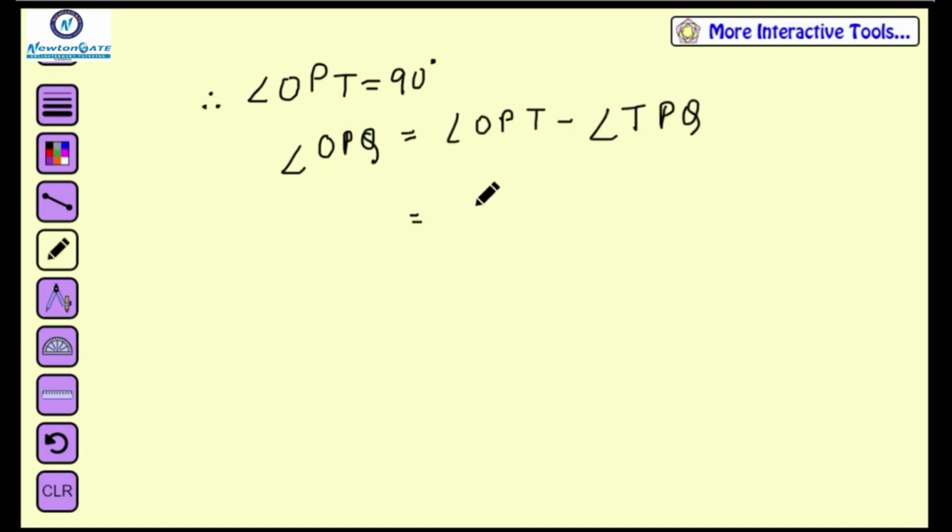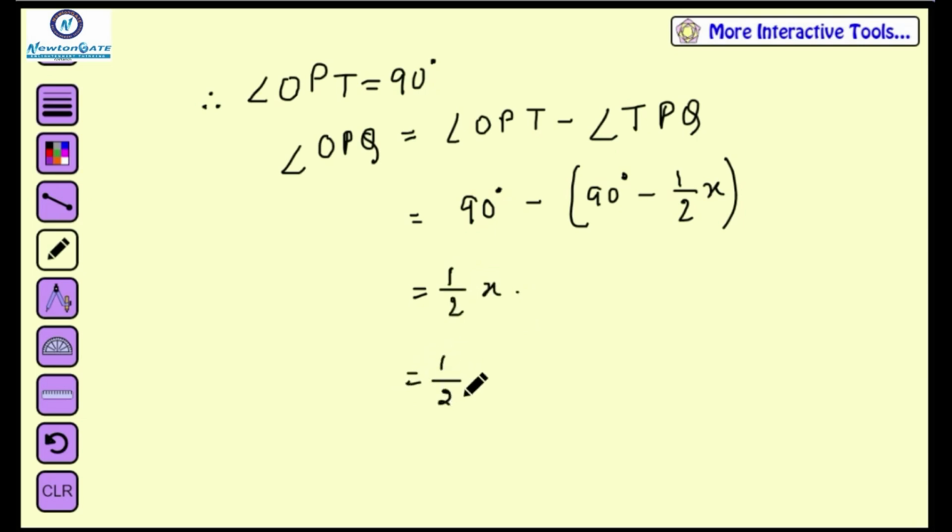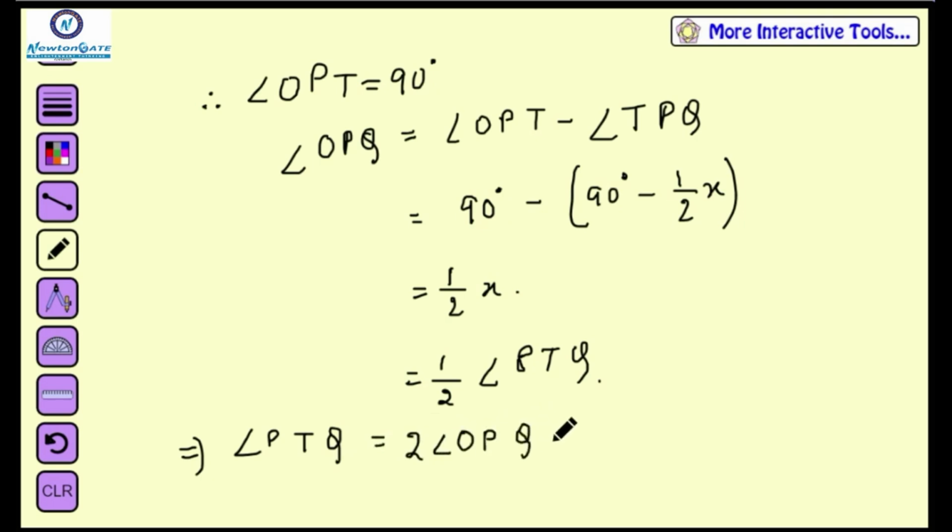Here we put the value of OPT as 90 and TPQ as 90 minus half of x. That is, OPQ equals half of x. That means half of angle PTQ. From here we write angle PTQ equals 2 times OPQ, and that proves the theorem.